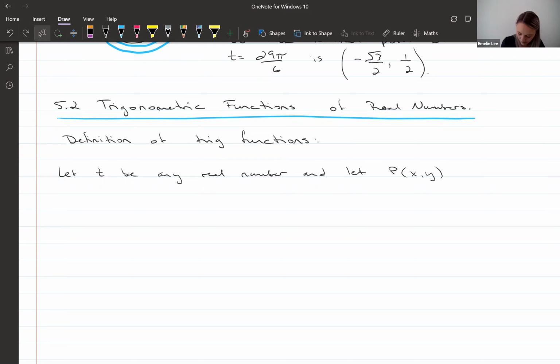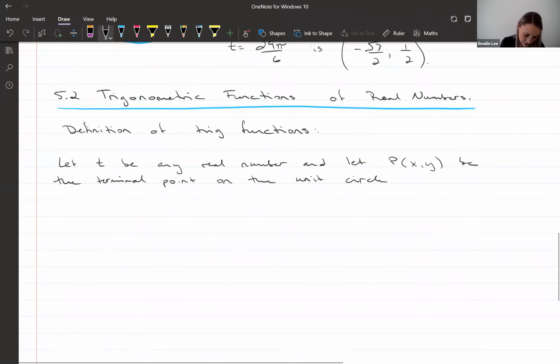Okay, let P(x, y) be the terminal point on the unit circle determined by t. So that's what we've been working on. We've been working on finding that point P(x, y), right? Determined by t.